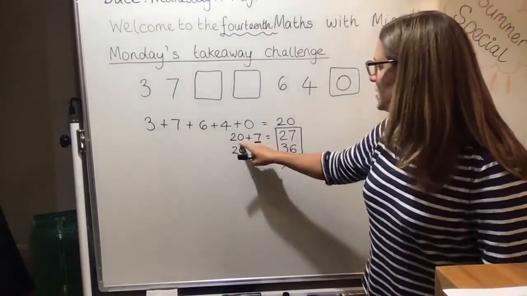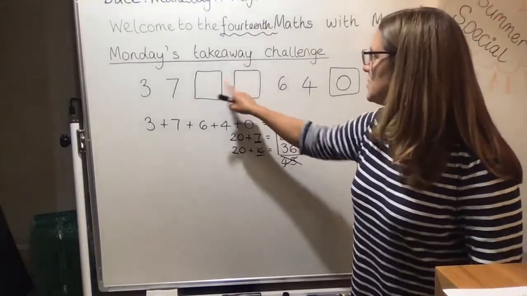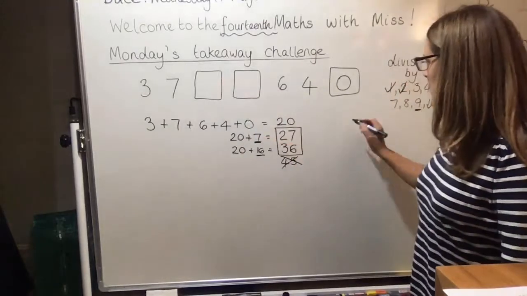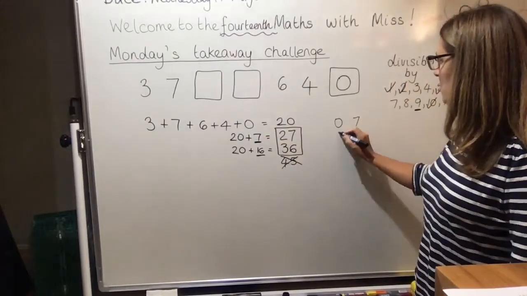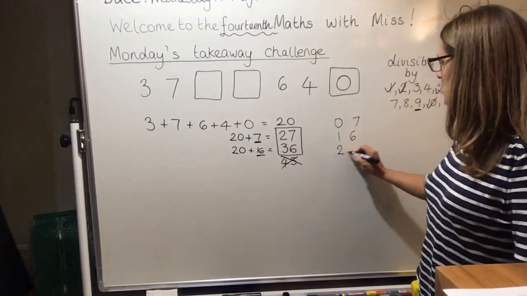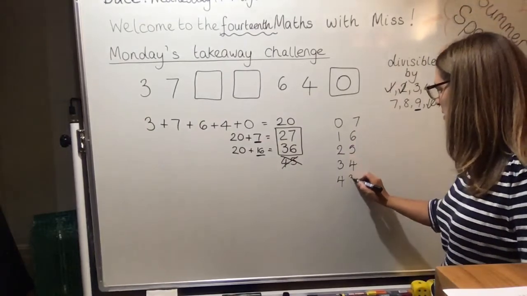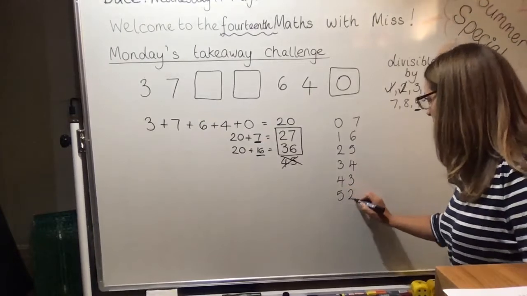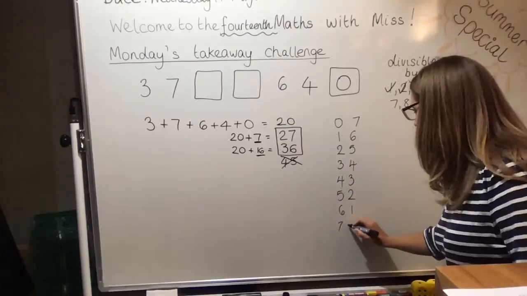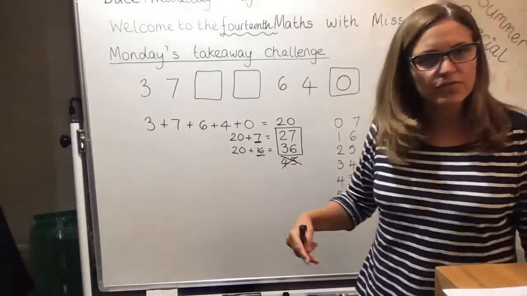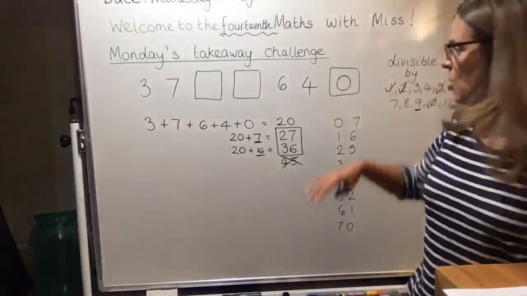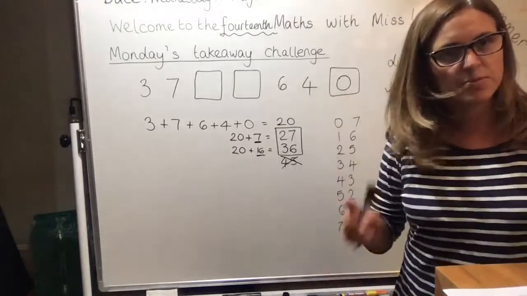So what we're saying here is these 2 missing numbers, to get to 7, they could be 0 and 7, 1 and 6, 2 and 5, 3 and 4. Do you get the idea? All the way down, 7 and 0. So there's quite a lot of different numbers we've got to check there. But all of those would be divisible by 9.